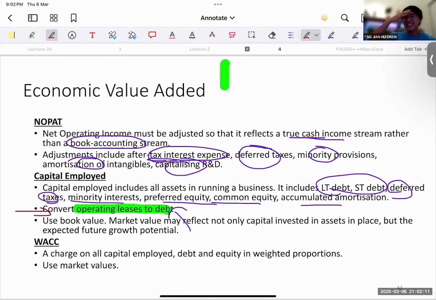Okay, so good question. If your comps are non-Singapore, chances are you might still see operating leases, especially US comparables. I would say if you can do it, that would be very good, but it is not easy.